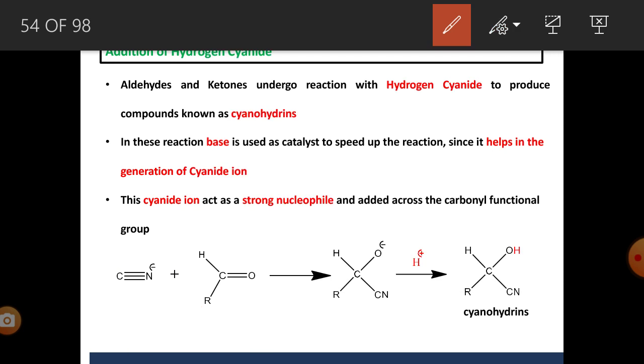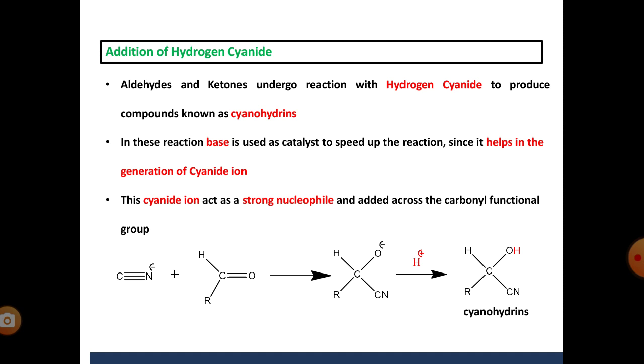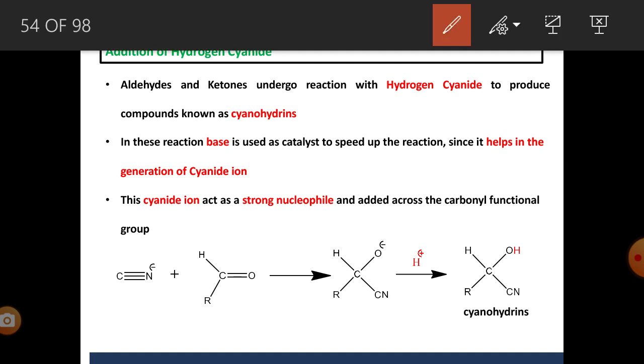As we know, this carbonyl bond is polar. This pi pair is always pulled by the oxygen and the cyanide acts as a nucleophile, can easily attack this carbonyl carbon, and there is formation of a new bond between carbon and CN.